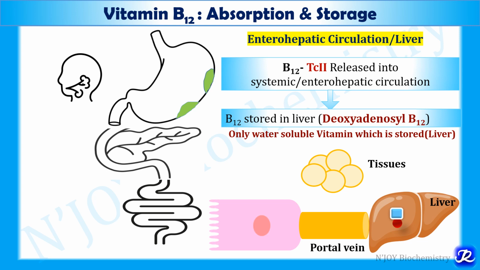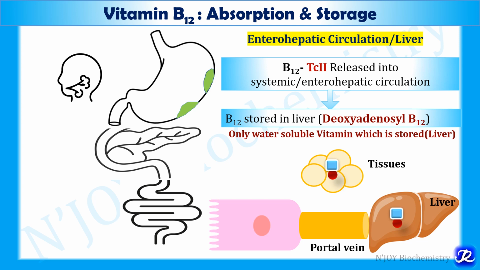Here this transcobalamin is degraded, and free deoxyadenosyl cobalamin is stored in the liver. Some amount of this complex is taken up by the other tissues. Here also free B12 is dissociated, and then this is utilized by the tissues.